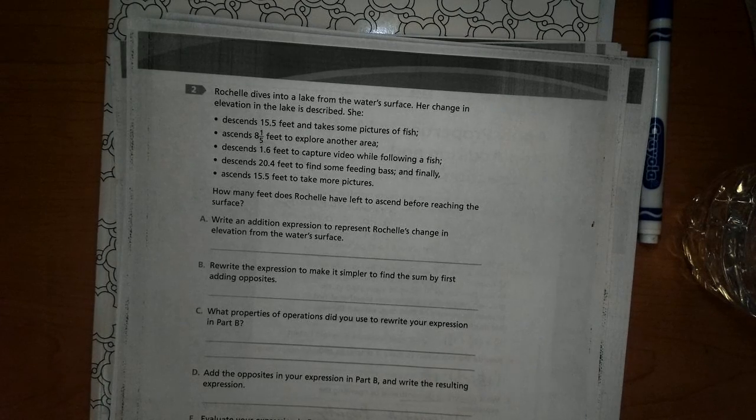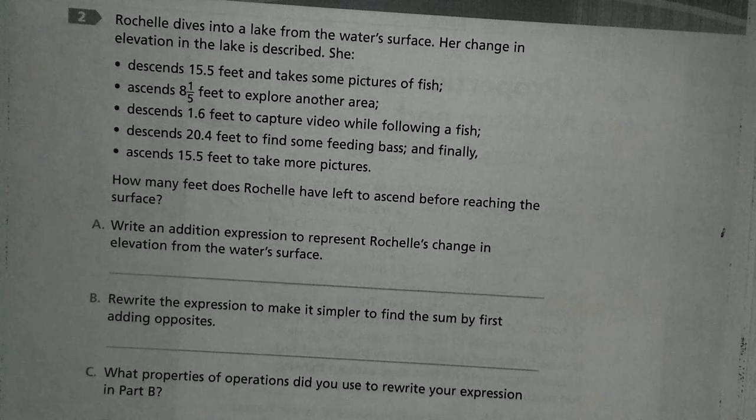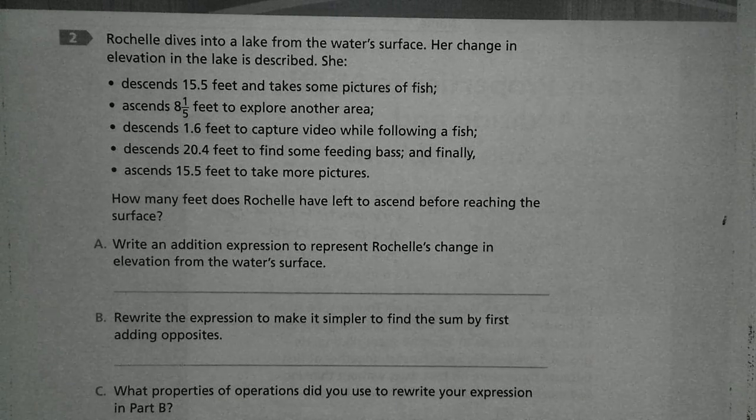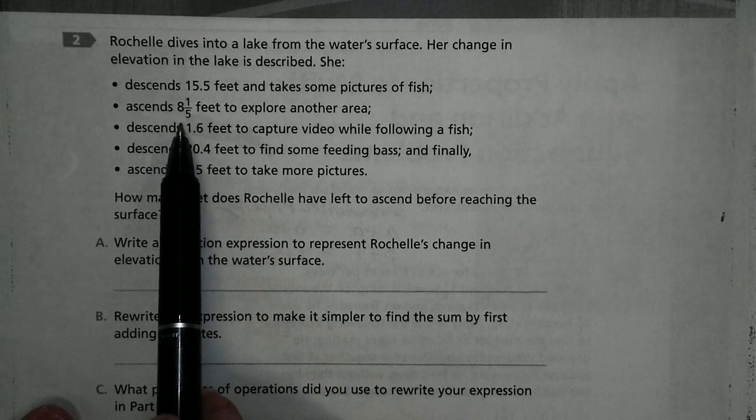So number 2 says, Rochelle dives into a lake from the water's surface. Her change in elevation in the lake is described. She descends 15 and 5/10 feet. She ascends 5 and 1/5 feet.